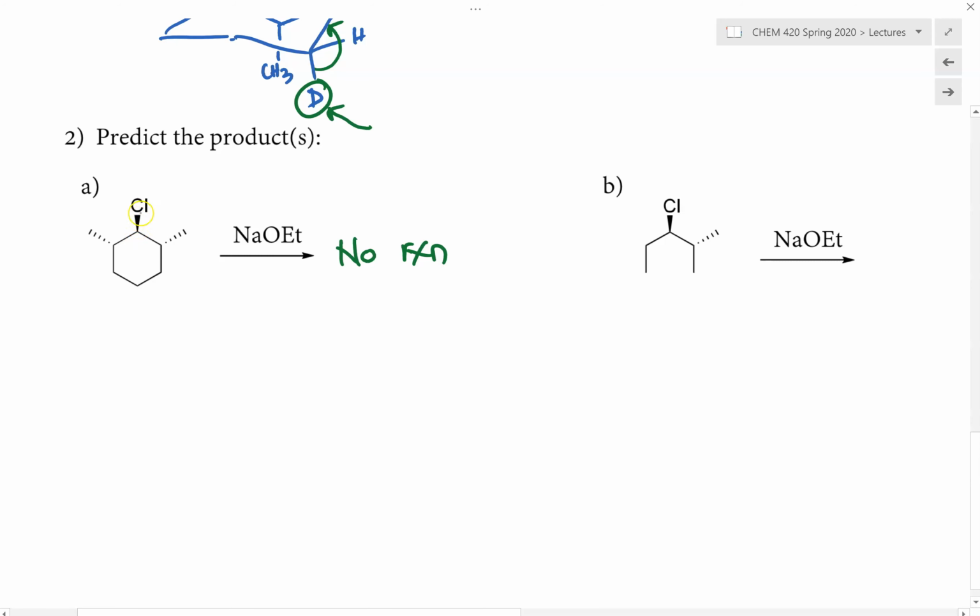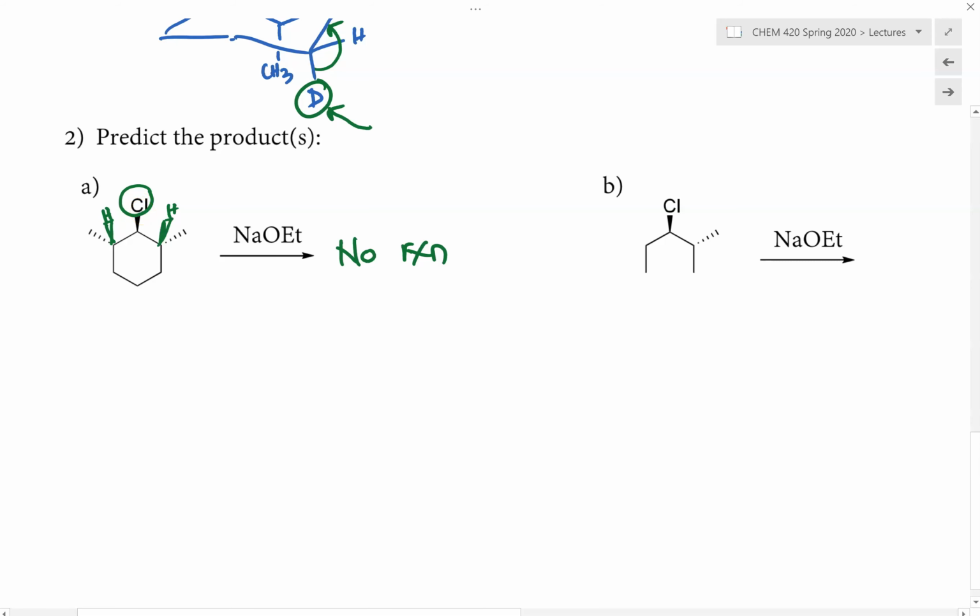In this case, the leaving group is pointing up. And the hydrogen on this beta carbon is pointed up, and the hydrogen on the other beta carbon is pointed up as well. So we will see that it does not matter how we flip this cyclohexane. The hydrogen and the chlorine leaving group will always be on the same side.